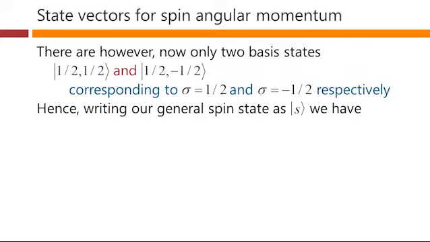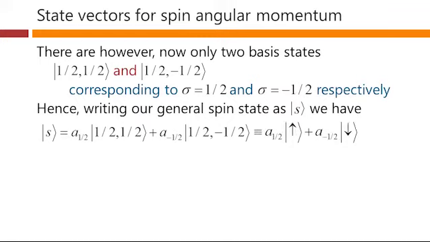Hence, writing our general spin state, S, we have a linear combination of this state with sigma equal to 1/2 and this state, sigma equal to minus 1/2. And these are our presumed coefficients here. We can also write that in this form, it's just a notation, or we can write it in a simple vector form.